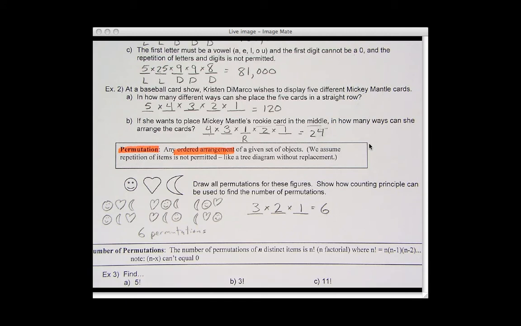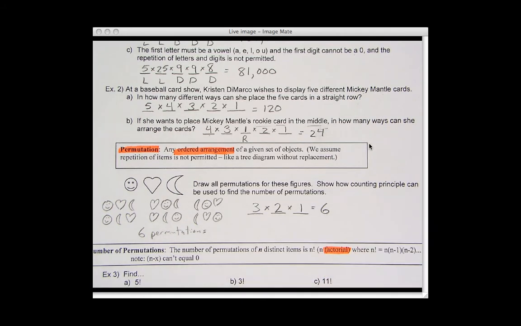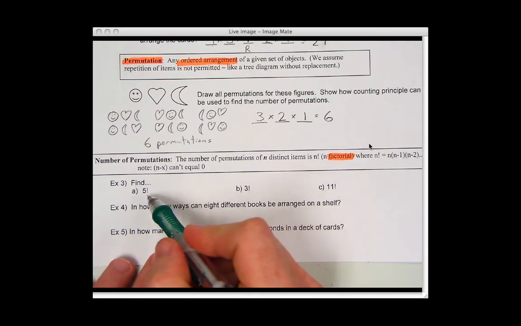So what we're going to talk about now is something called a factorial. Okay, and here's your equation if you're into equations. But let me just show you what that means. The factorial symbol is an exclamation point.